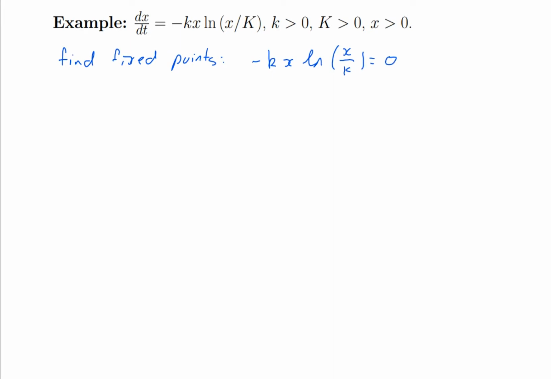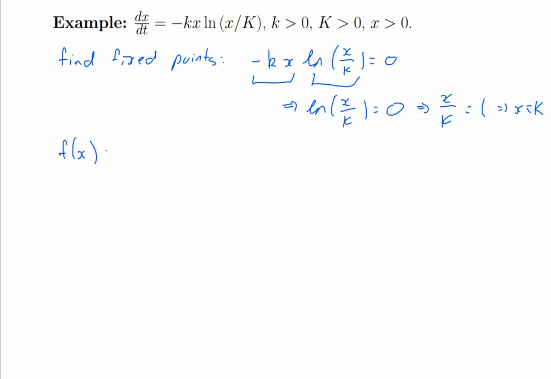Well, that means either kx is 0, but that's ruled out because x has to be positive, or the log of x over K is equal to 0. That means x over K is equal to 1. That means x is equal to big K. So there's one fixed point. I could call that x hat if I like.